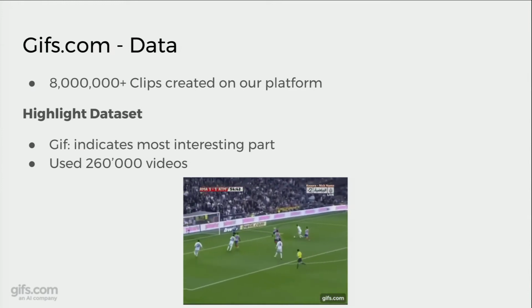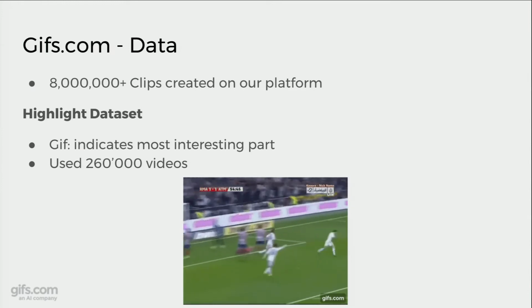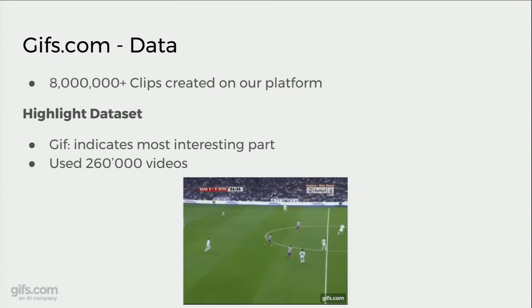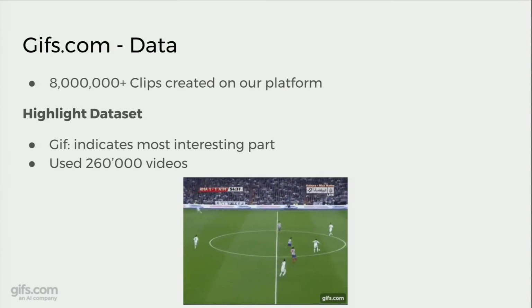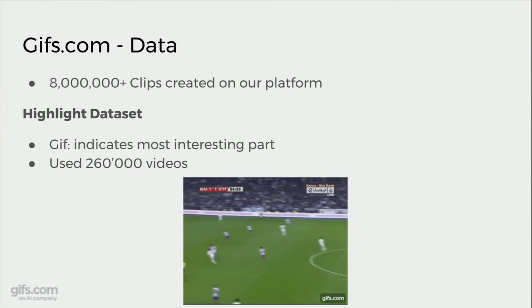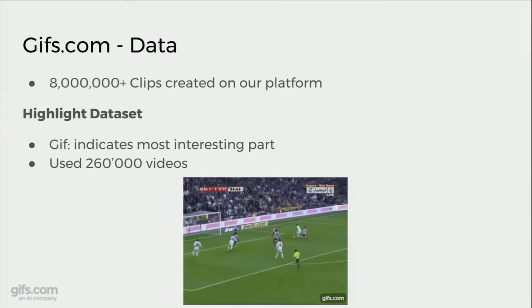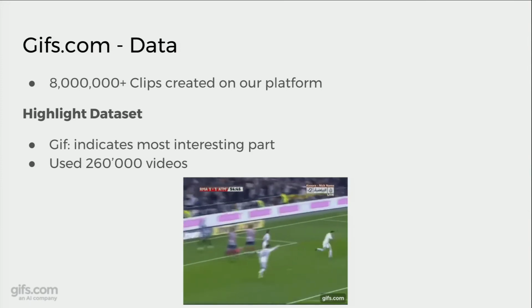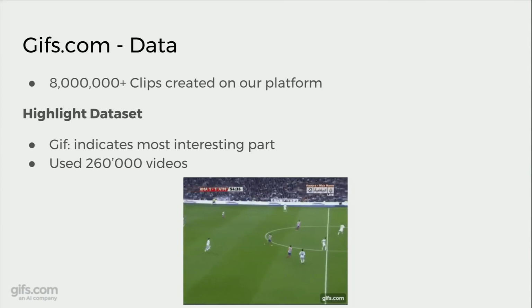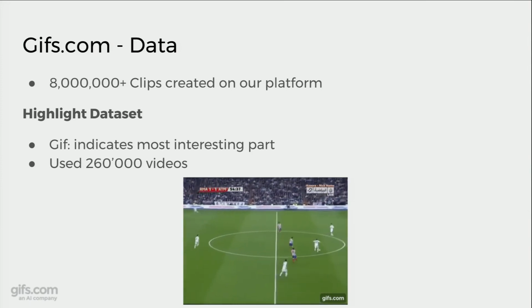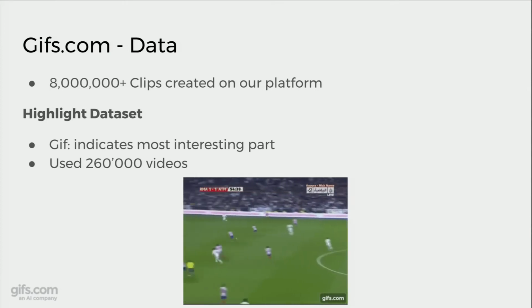Here's an example of a user who manually edited out a scene where a guy scores a goal in soccer. So we have a lot of this data, and we use a bit more than 200,000 videos to train our neural network to figure out what is an interesting shot, what would make a good GIF.